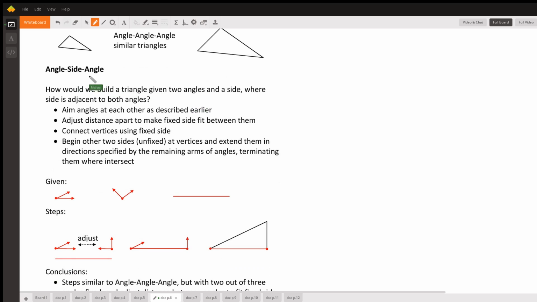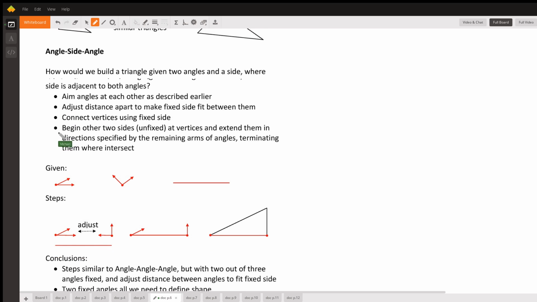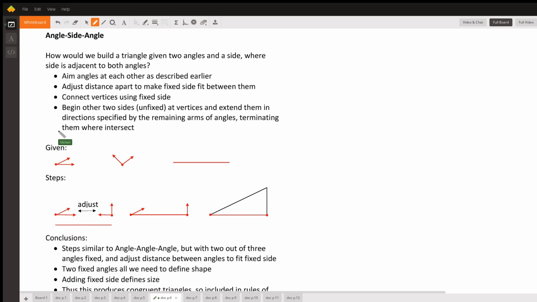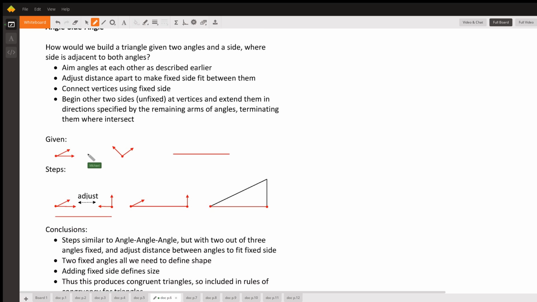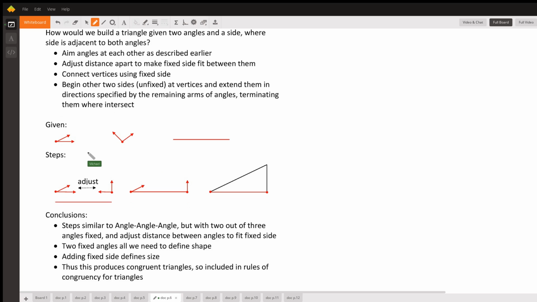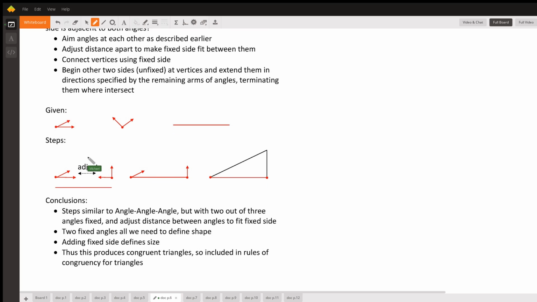All right, angle, side, angle is pretty similar to that one. How would you build a triangle given two angles and a side where the side is adjacent to both angles? So aim the angles at each other like before. Here are our starting points. These are the things that are given. But here's the key difference: we adjust the distance between those two angles to fit the fixed side.